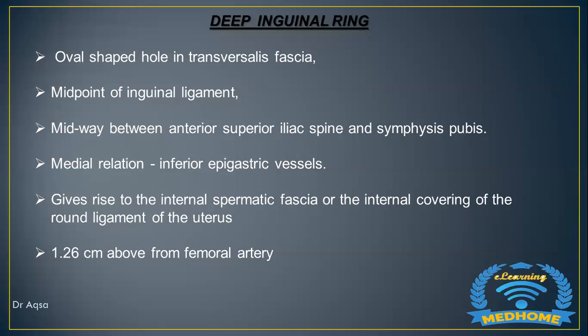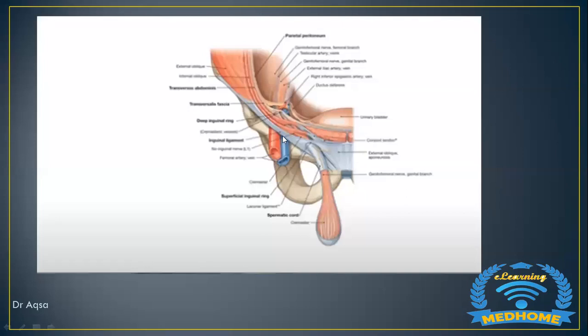And you can also say it is the midpoint of the inguinal ligament. Because when we see the inguinal ligament, this whole length of the inguinal ligament is not the inguinal canal. The mid portion, that begins in between from here, is the area of the inguinal canal.